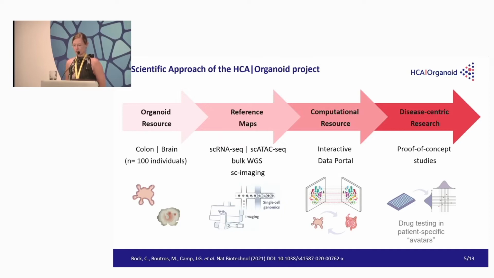We complement this with bulk whole genome sequencing, and we also perform single-cell imaging on the organoids. All the data generated are fed into a computational resource that in the end shall be an interactive data portal for easy comparison of the organoid data to the primary tissue data. And we want, of course, to prove the value of our portal by performing disease-centric research.